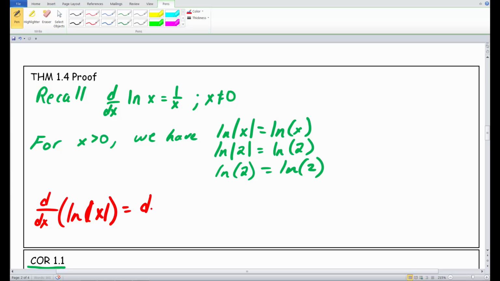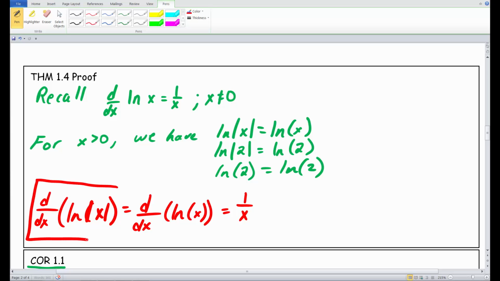It must be equal to the derivative of the natural log of x with respect to x. And that, again, just from previous chapters, should be equal to 1 over x. So we can then assume the derivative of the natural log of the absolute value of x is going to come out to be 1 over x.